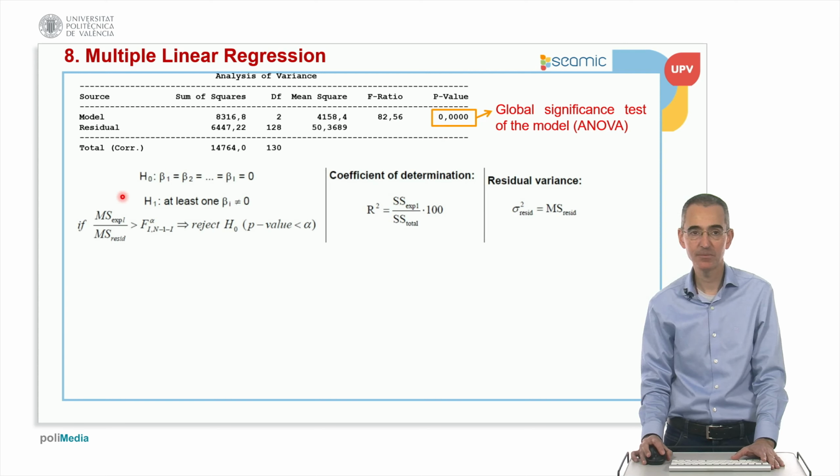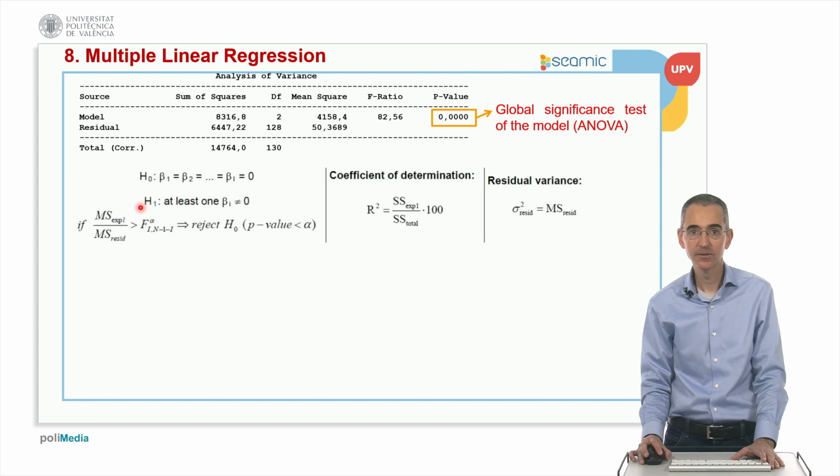The null hypothesis is that all coefficients that go with the variables, and it's important that beta 0 is not included, all coefficients except beta 0, are 0. The alternative hypothesis is that at least one of them is different from 0.